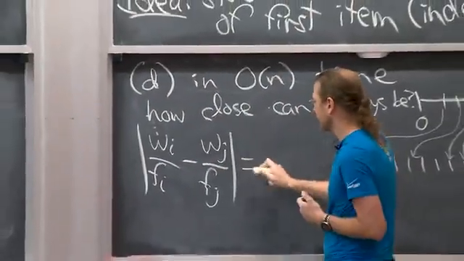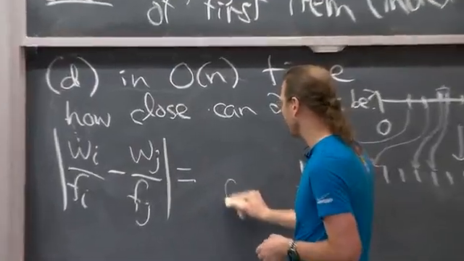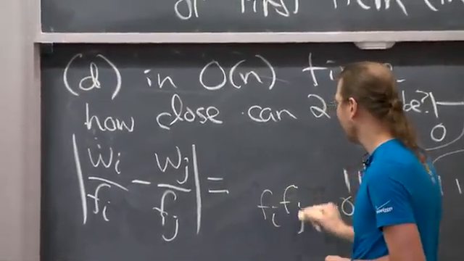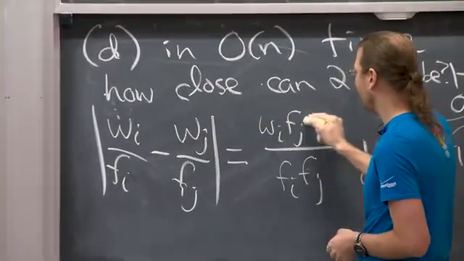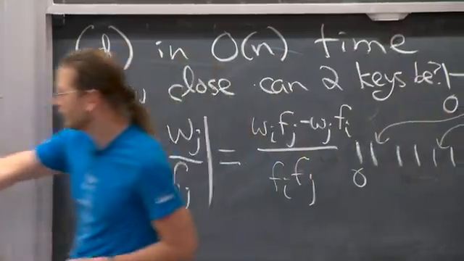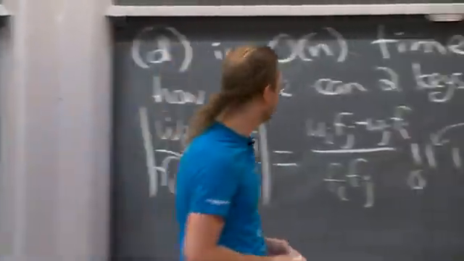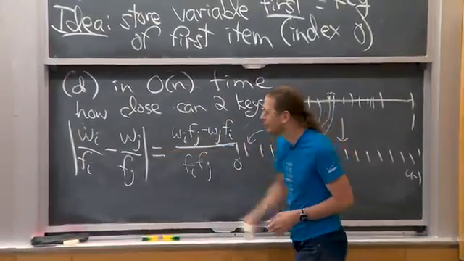So I'd like to bring this into one ratio. I can do that by multiplying 1 by fi and 1 by fj. And it's wi fj minus wj fi, which should look a lot like something here. But never mind. So I'm sure there's a deep connection here. I could probably use this to prove that, or vice versa.